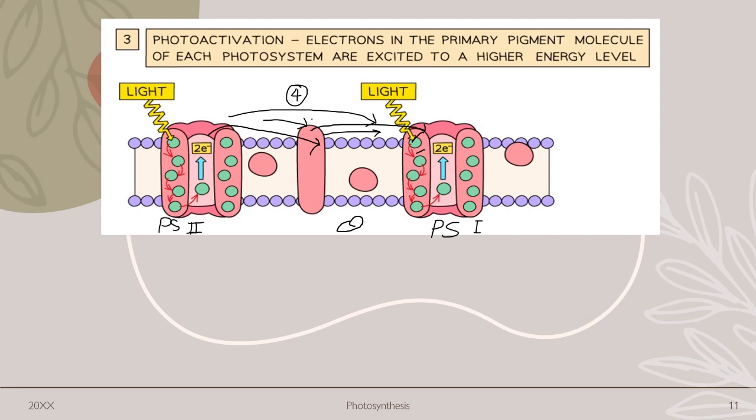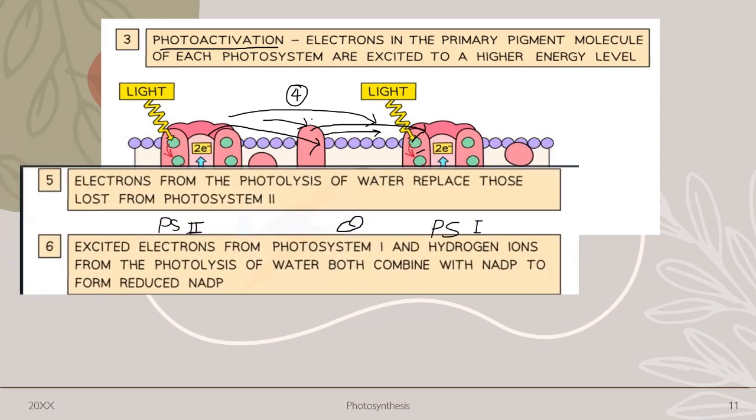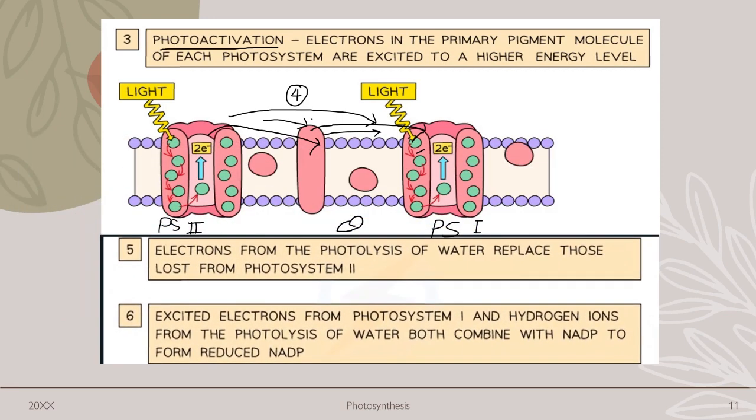They will be promoted to a higher energy level after the energy is transferred to the primary pigment. This process of electrons being excited to a higher energy level is called photoactivation.